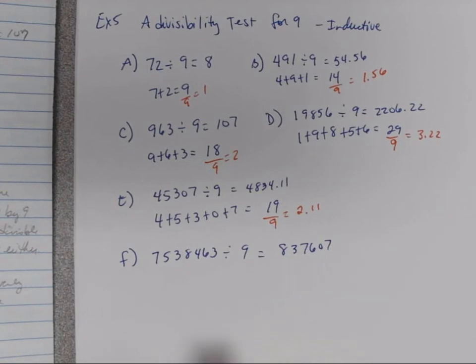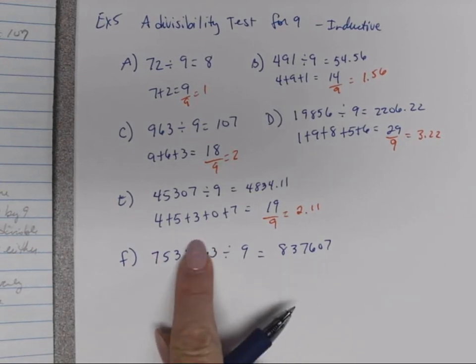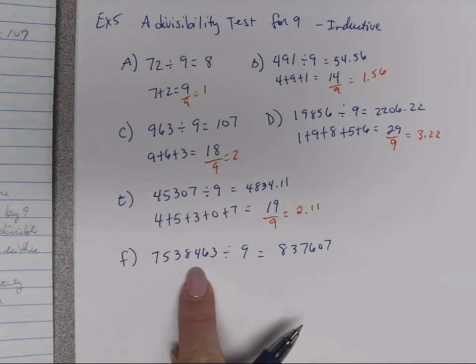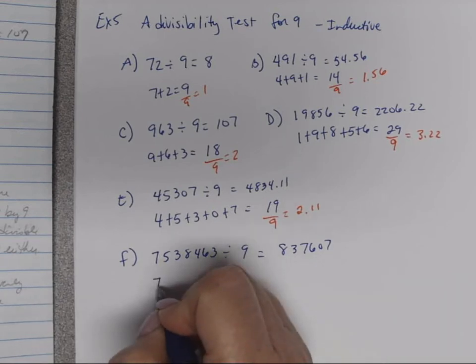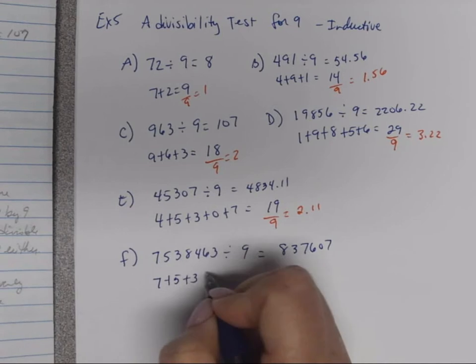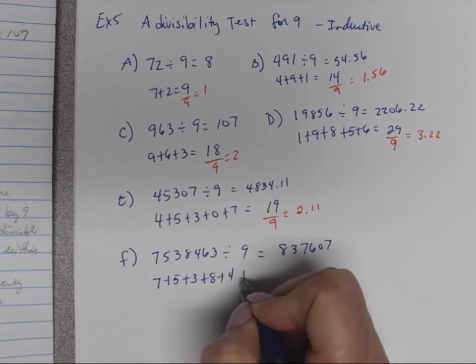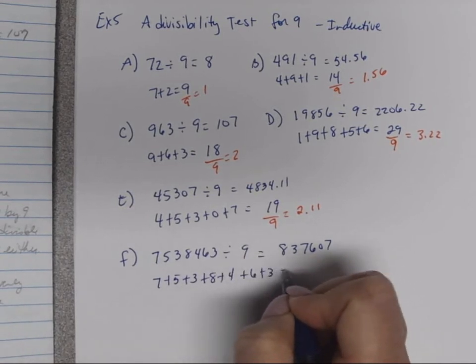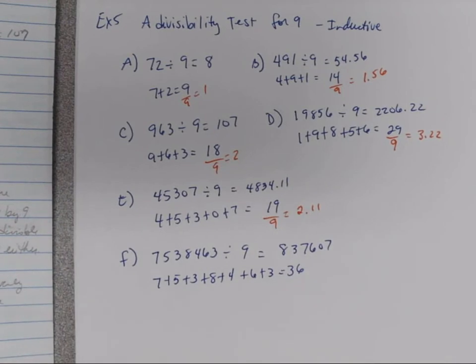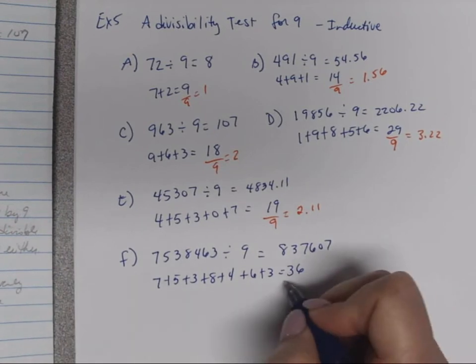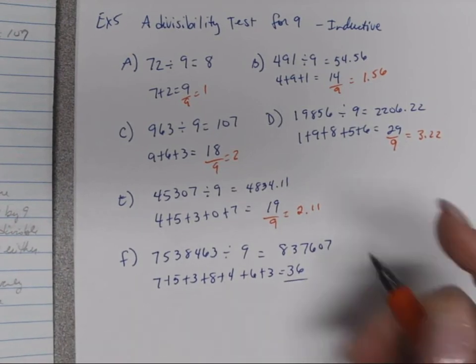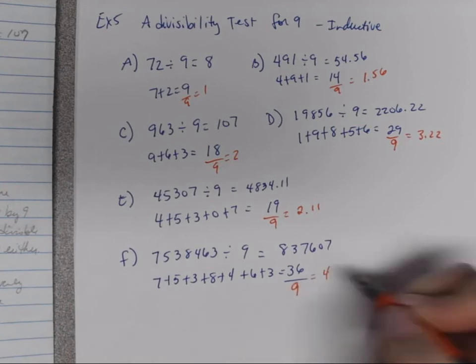So we would think that the sum of these numbers will divide by 9. So let's see. We have 7 plus 5 plus 3 plus 8 plus 4 plus 6 plus 3 will equal 36 when we add them together. Does it divide by 9? Well, divided by 9, that'll be 4.